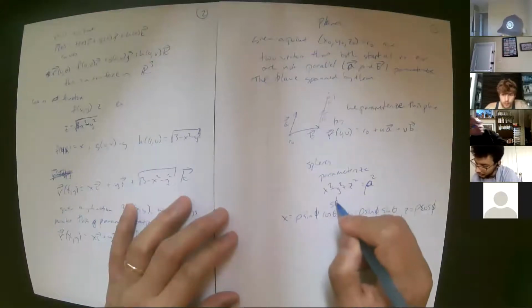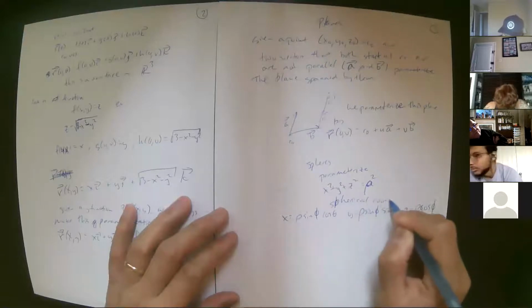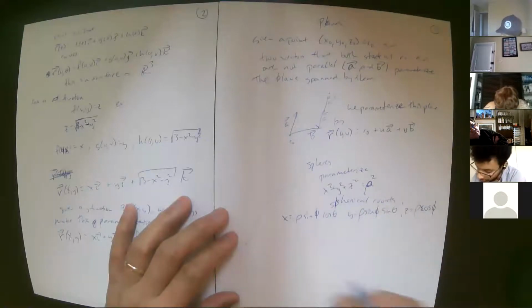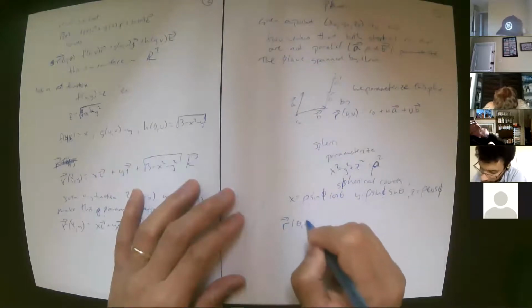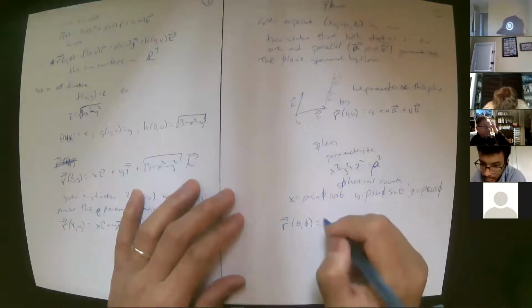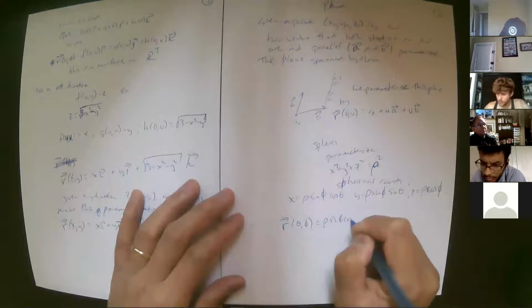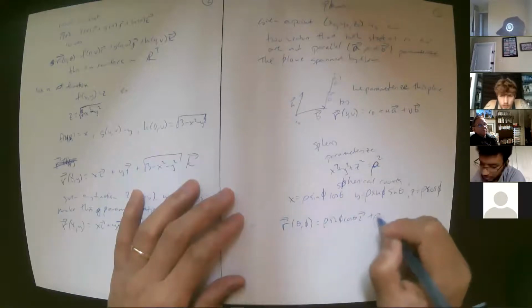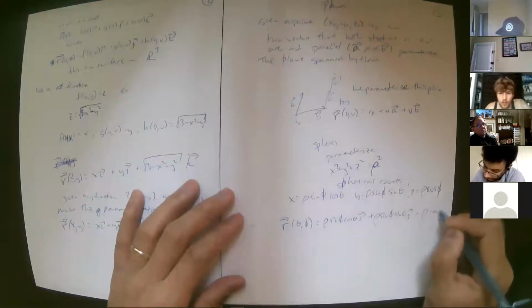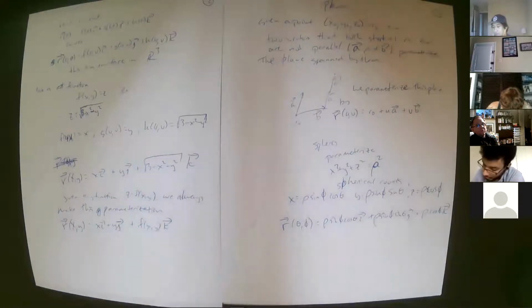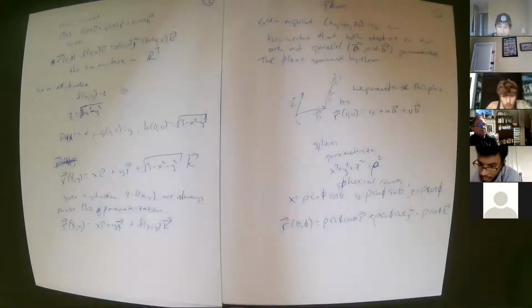So my parameterization in terms of theta and phi is rho sine phi cosine theta i plus rho sine phi sine theta j plus rho cosine phi k. All of those transformations we had before are nice parameterizations of our stuff already. So don't forget any of that stuff.